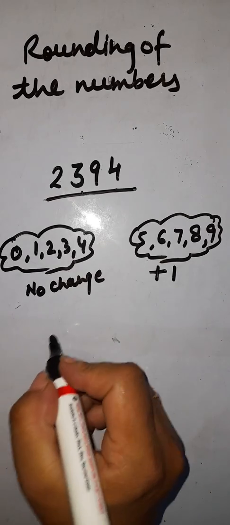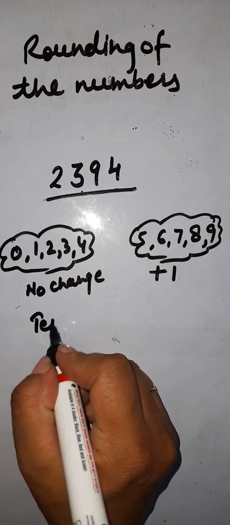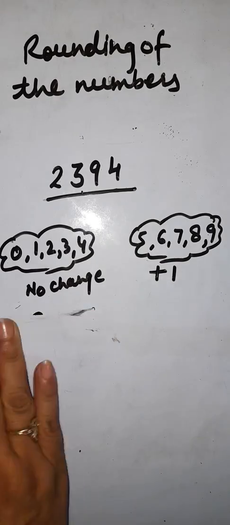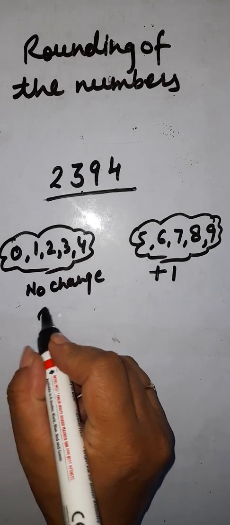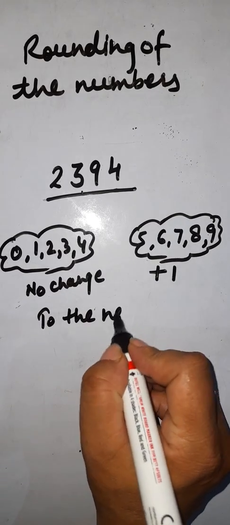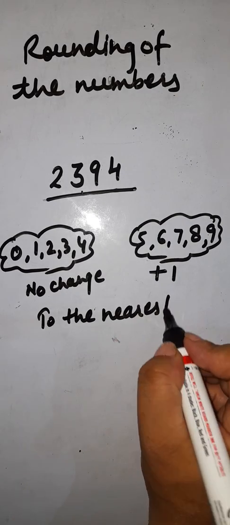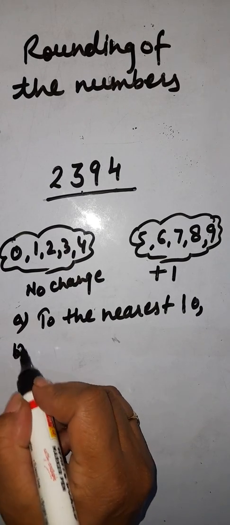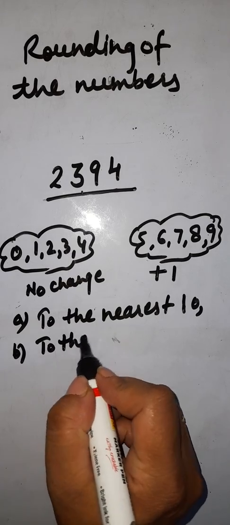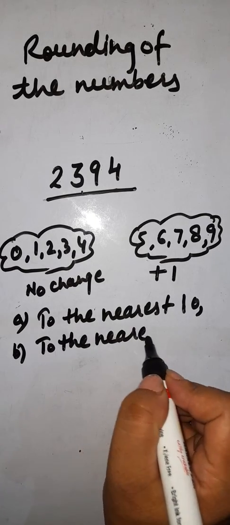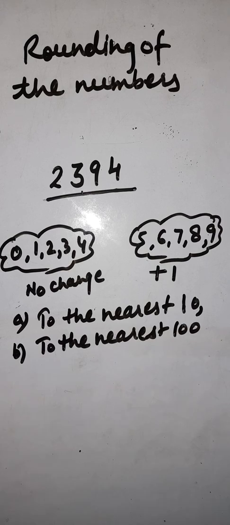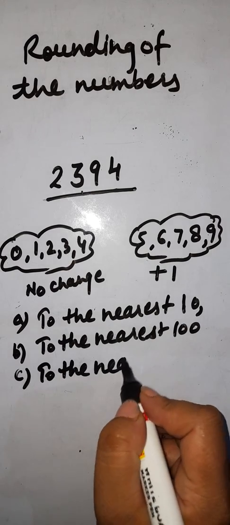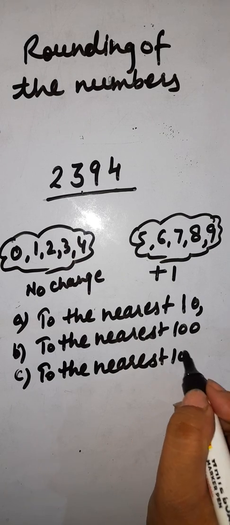First of all we will write: round off the numbers to the nearest 10, part B to the nearest 100, and part C to the nearest 1000.